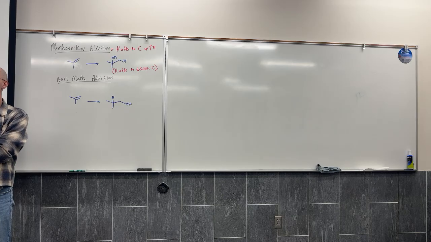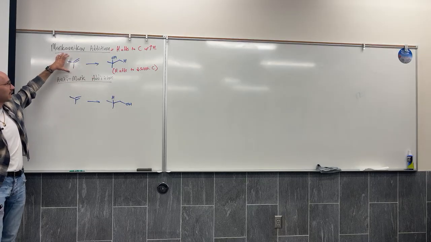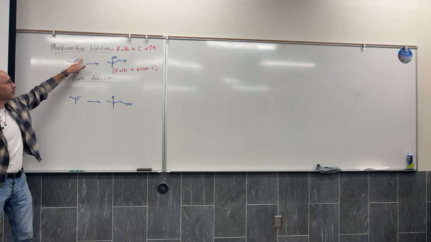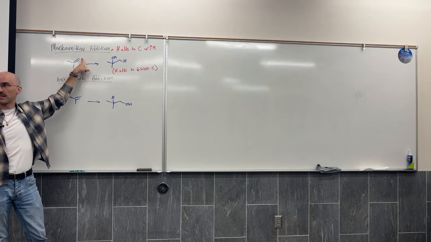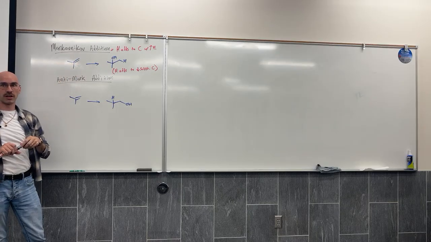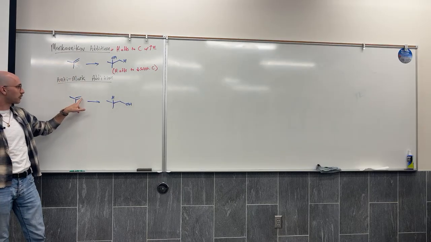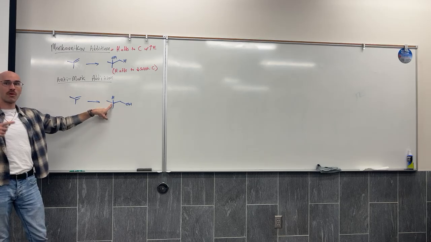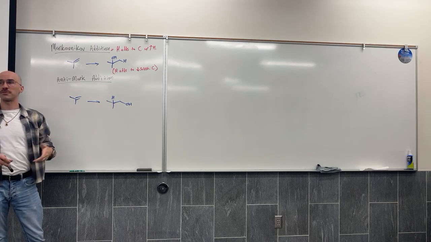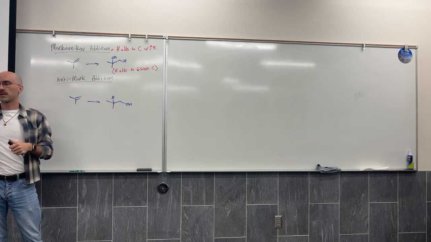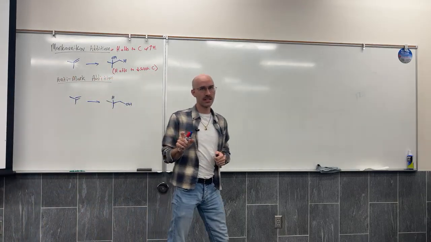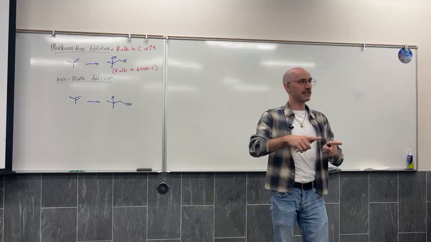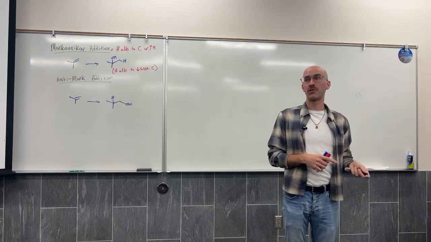The charge tries to stabilize itself as much as possible. And in reactions where the hydrogen goes to the less substituted carbon, the charge is being stabilized on the more substituted carbon. In reactions where the hydrogen goes to the more substituted carbon, the charge is being stabilized by the less substituted carbon. It's always about charge stabilization, and that is what directs the hydrogen to where it goes.